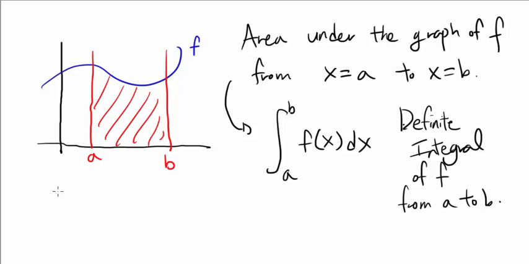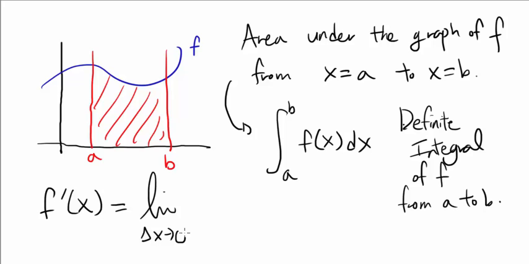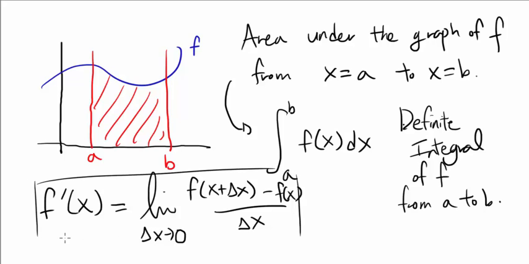Again, if you remember from a video from a long time ago, the definition for the derivative f prime of x was the limit as delta x, or the width of the interval, gets closer and closer to 0 of f of x plus delta x minus f of x over delta x. This is very important, and you need to know this relation for the AP test.